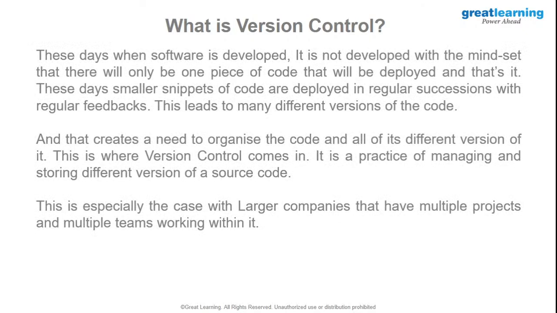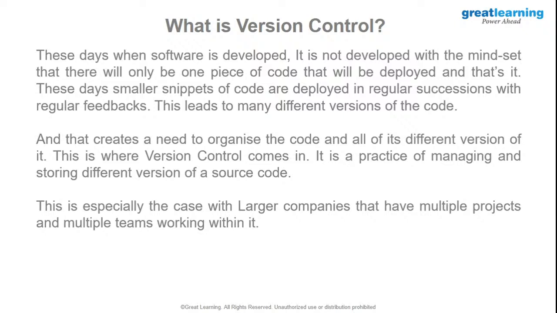So these days, when we develop software, it is not developed with the mindset that there will be only one piece of code. Maybe as a student, when you code, you won't think of having multiple versions. You will think of just coding your project and giving it to your teacher, and that's it. But these days, smaller snippets of code are deployed in regular succession with regular feedback.